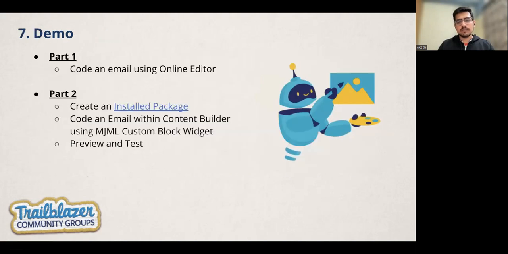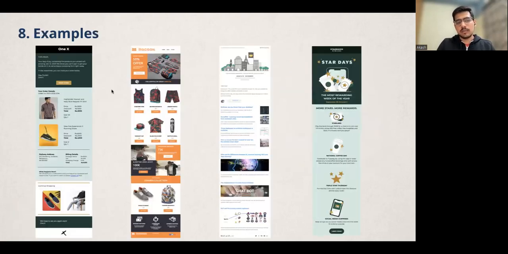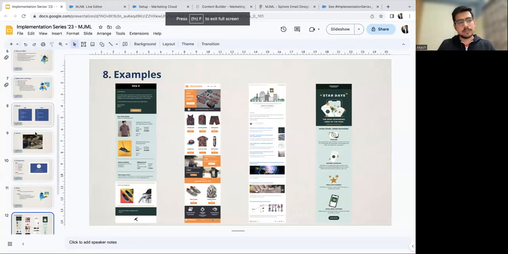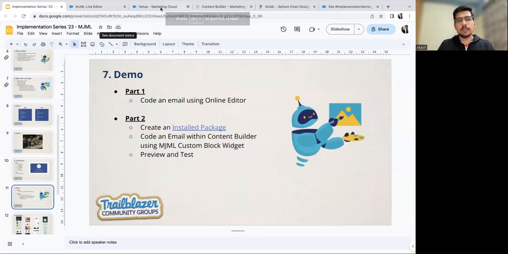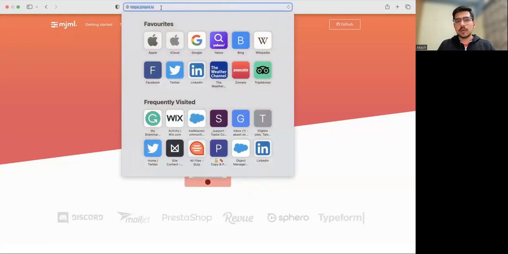Now let's deep dive into a demo. In the demo, I'll cover 2 parts. First, we'll see how we can build an email using an online editor. In the second part, I'll showcase the same within Marketing Cloud. So I'll quickly go into the editor. This is the site called mjml.io.